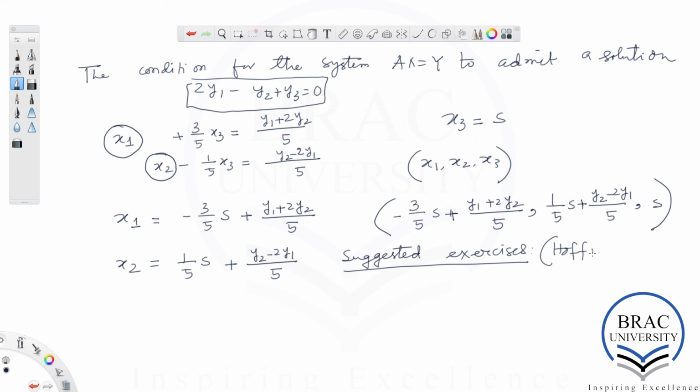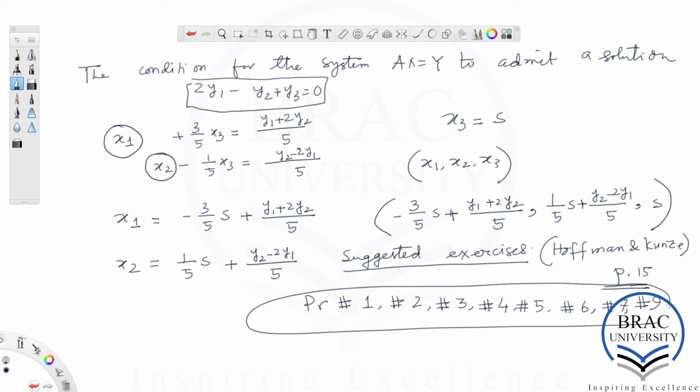It's from Hoffman and Kunze, page number 15. So try these problems. Problem number 1, 2, 3, 4, 5, 6, 7, and 9. There are 8 problems.